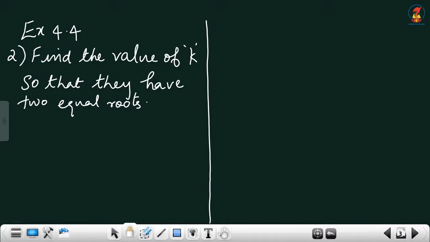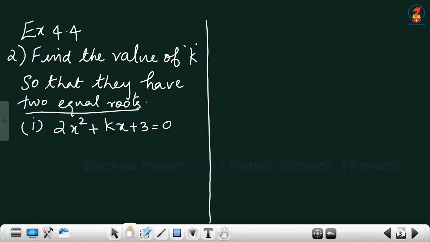Find the value of k so that they have two equal roots. The first subdivision is 2x square plus kx plus 3 equal to 0. Given that there are two equal roots, we have to find the value of k.